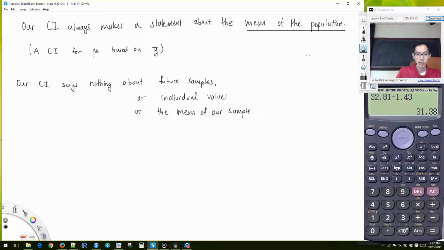So just a quick check of our understanding. If I wanted to make a 100% confidence interval, could I do that? Only if you could count every member of the population. Okay, yeah, one way would be to count everybody in the population.